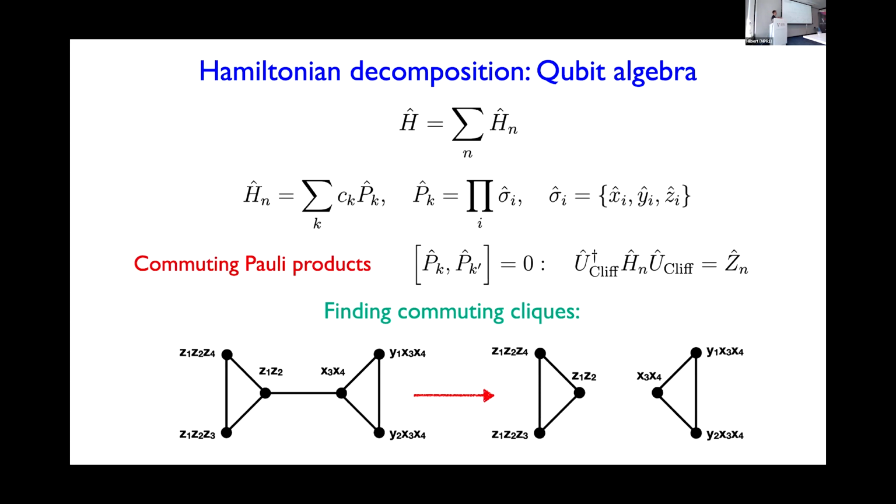And there is a nice graphical way to think about this. If you put the Hamiltonian as a graph, where every node is a Pauli product, you connect the ones that commute, and then you're looking for fully connected subgraphs, which are called cliques. That is a relatively standard graph problem that can be solved relatively easily.